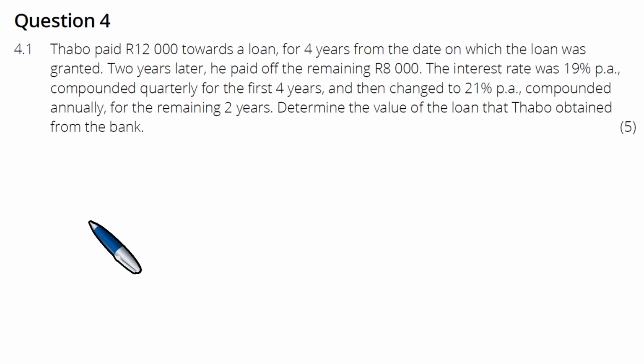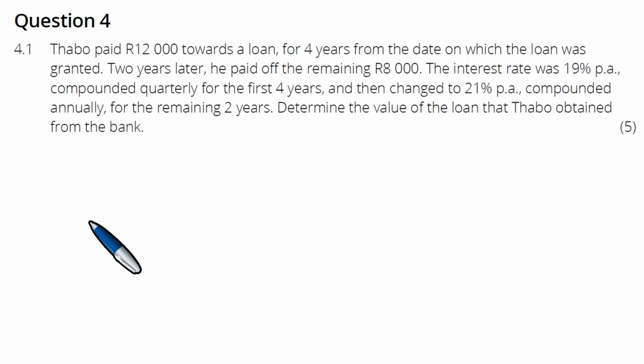The interest rate was 19% per annum compounded quarterly for the first 4 years, and then changed to 21% per annum compounded annually for the remaining 2 years. Determine the value of the loan that Tabo obtained from the bank.